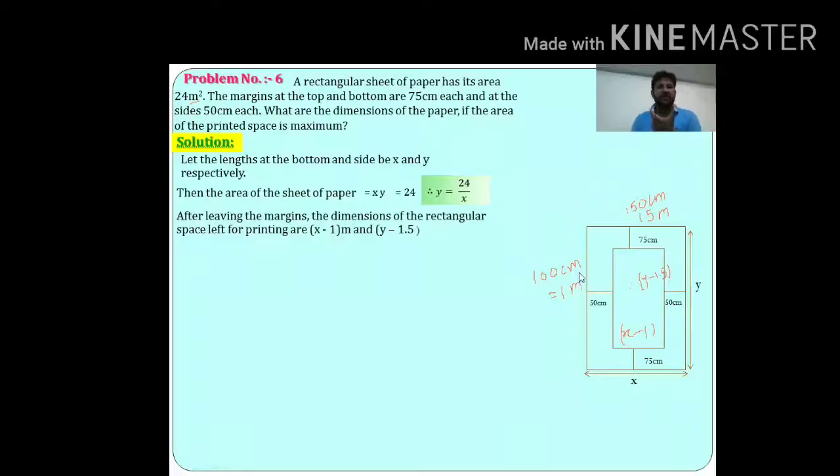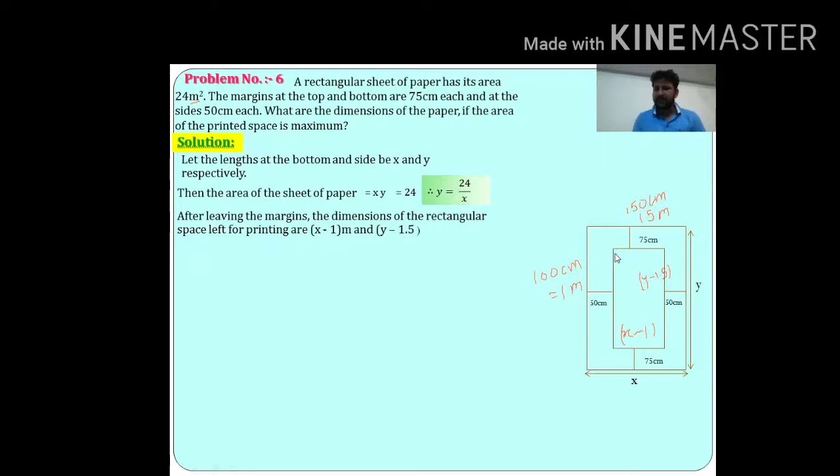From the first relation, the area of the sheet of paper, that is x into y, is given as 24. From this relation, I have expressed the value of y as 24 by x, to use for the maximization problem. The problem is to maximize the area of the printed space, that is the middle part.